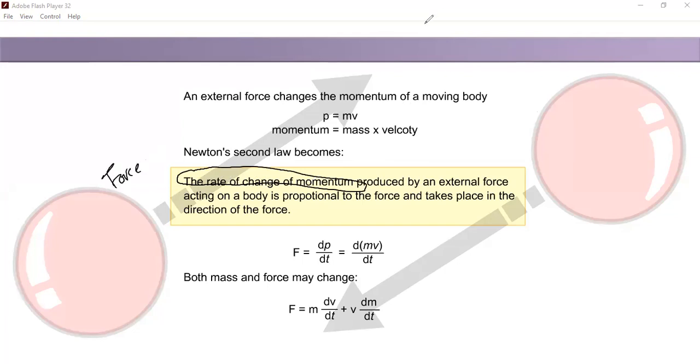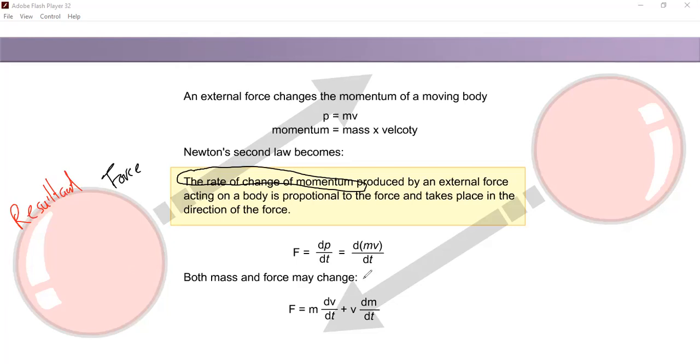But in detail, the force actually refers to the resultant force produced by an external force. Any force provided by another object on the body is directly proportional to the force and takes place in the direction of the force.